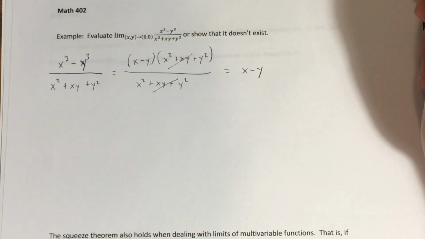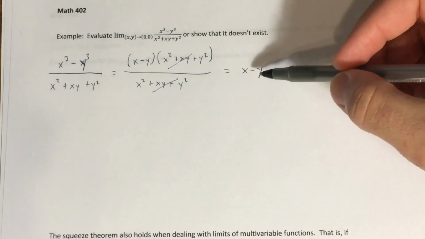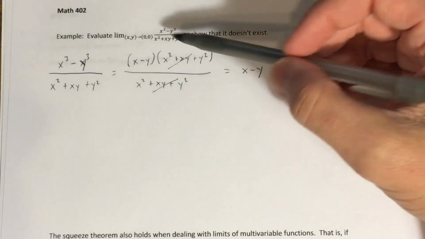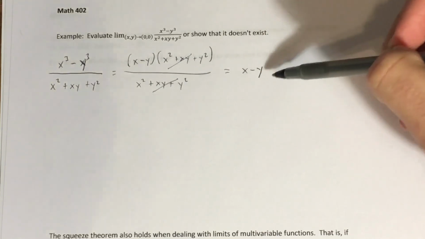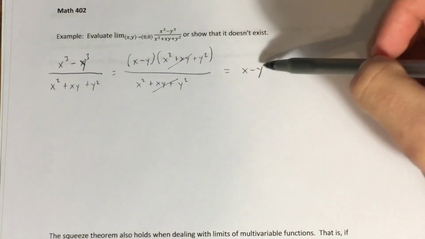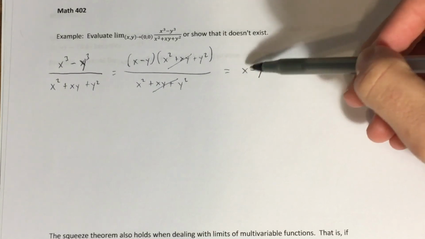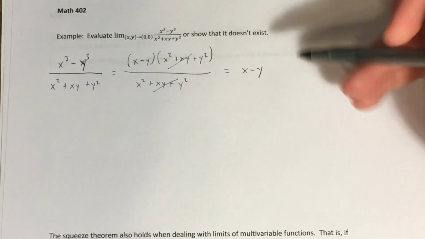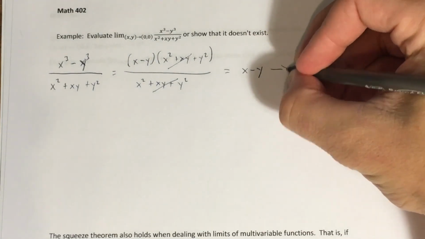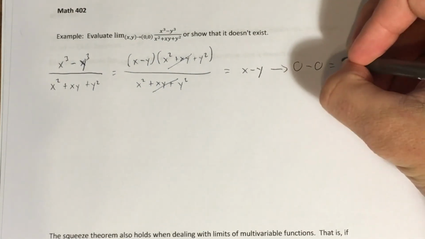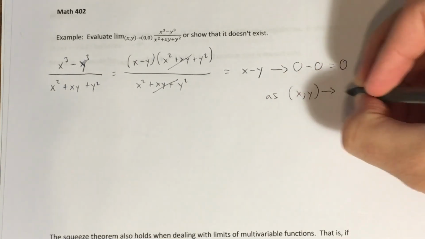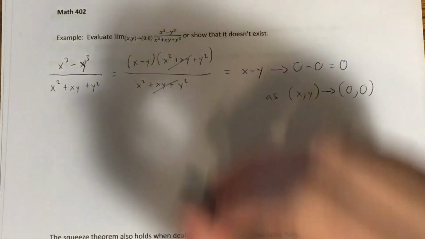Okay, so in this case, after simplifying this, there's no domain restriction on this thing. I'm not dividing by something that could potentially equal 0. There's no real issues with this. So I can now substitute 0, 0 in directly. This goes to 0 minus 0, which equals 0, as x, y approaches 0, 0.